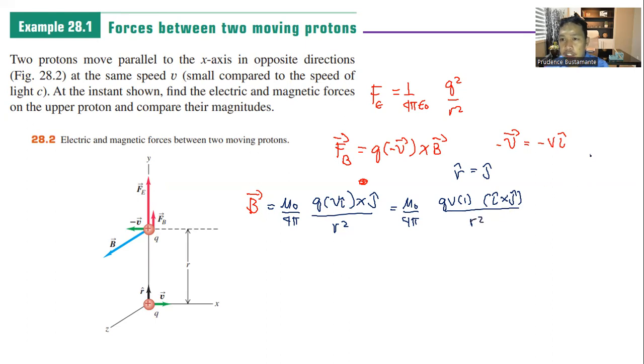If you recall, this is i, this is k, this is j. I cross j is just positive k.